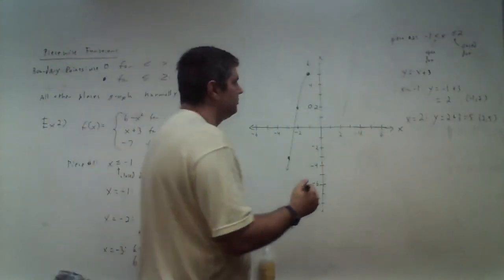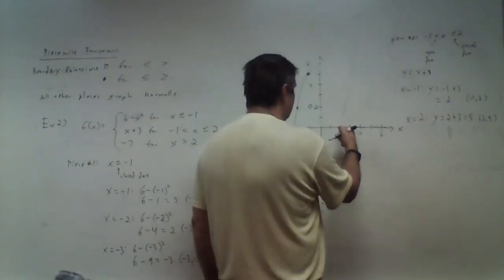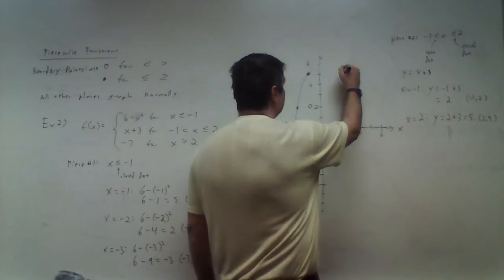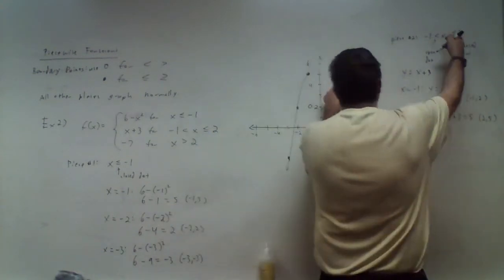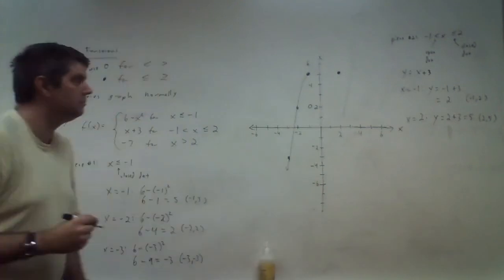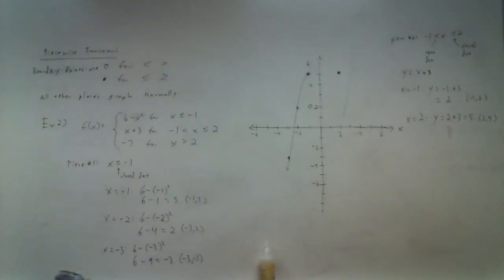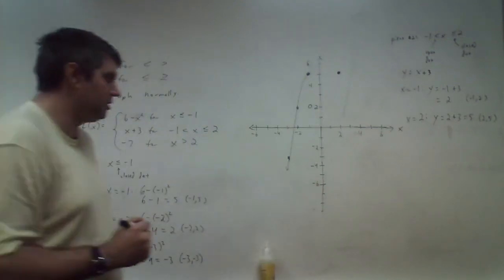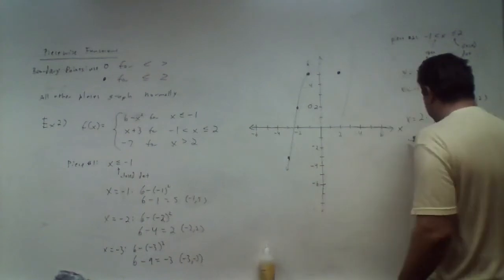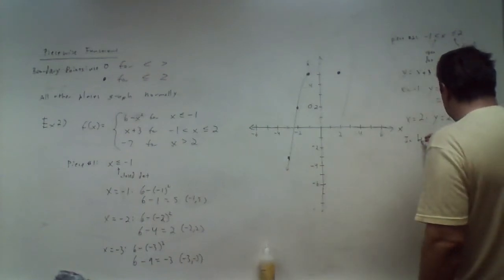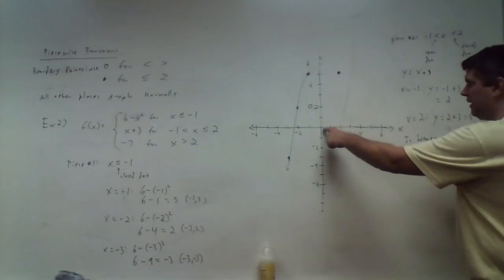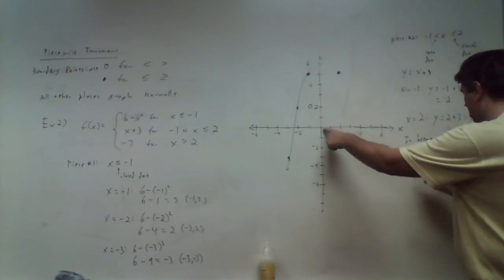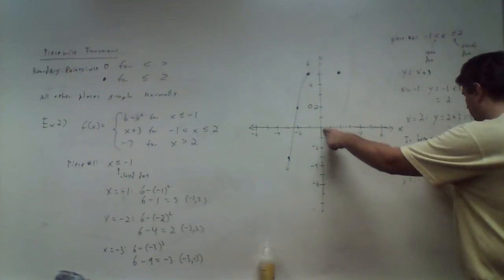That's a closed dot because of the or equal to. Okay? In between, we have x equals 0 and x equals 1.